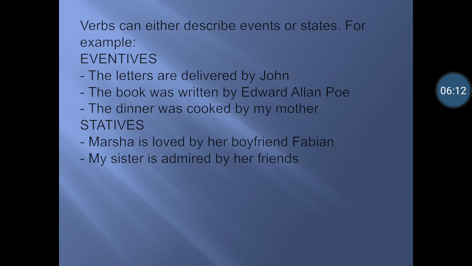For example, let's see some events that we have here. The letters are delivered by John. The book was written by Edgar Allan Poe. The dinner was cooked by my mother. Let's see some states. Marcia is loved by her boyfriend Fabian. My sister is admired by her friend.